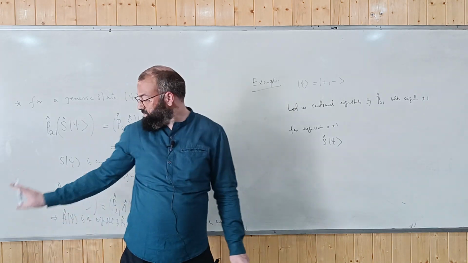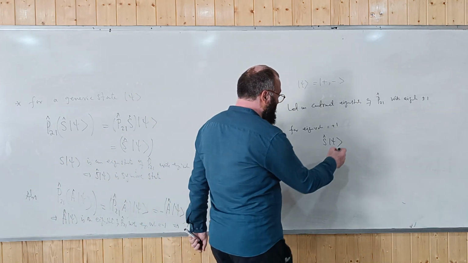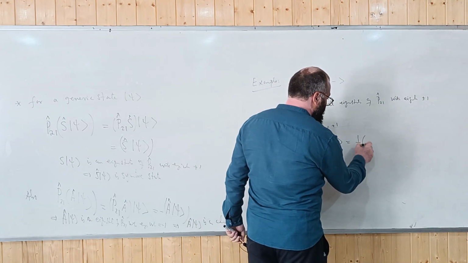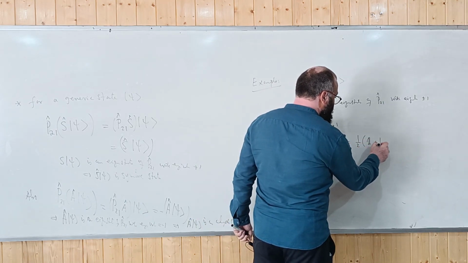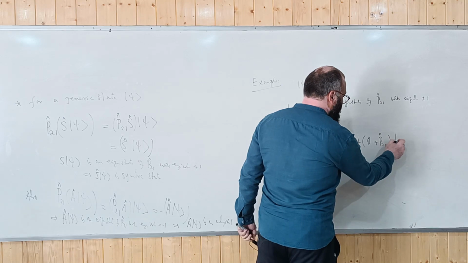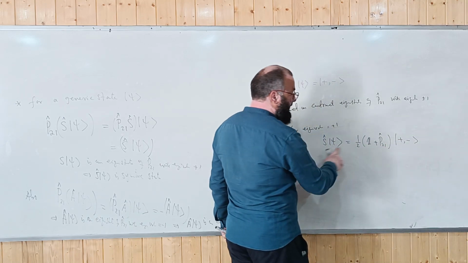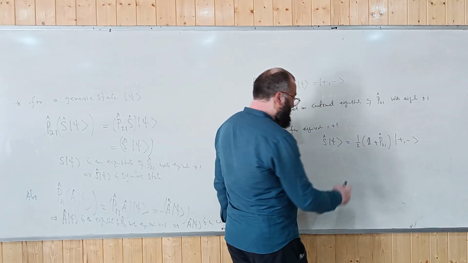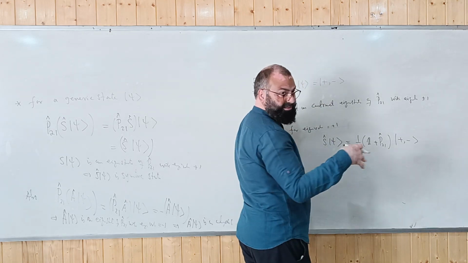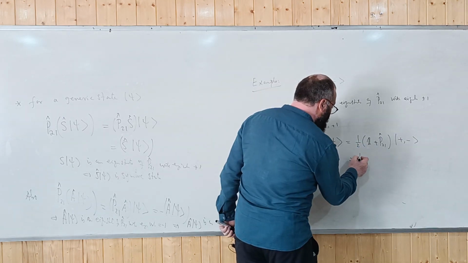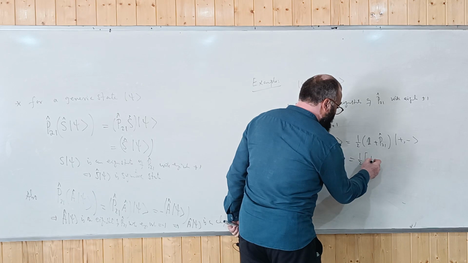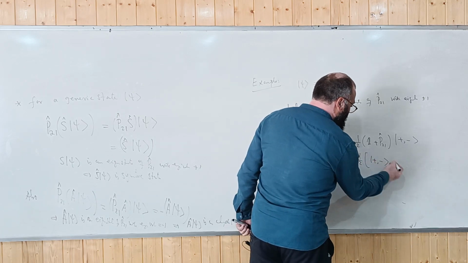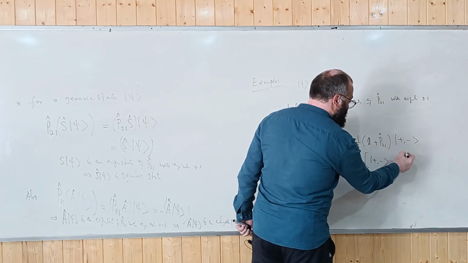Using this very thing, what is our S? It is half of identity plus P21. It will act on this plus minus, clear? Now identity will do nothing, so it is half of plus minus, then you have plus what P21 will do: interchange the two.